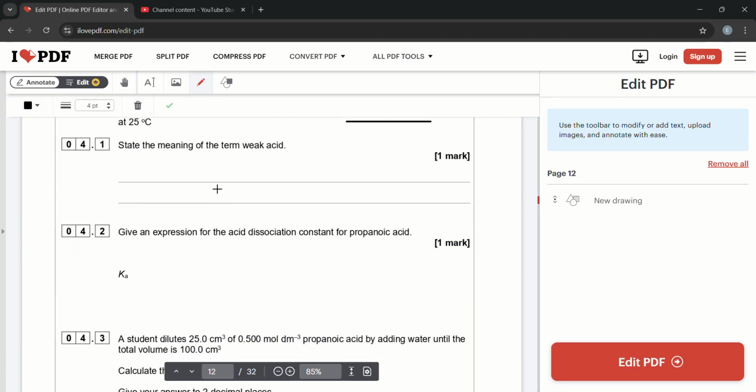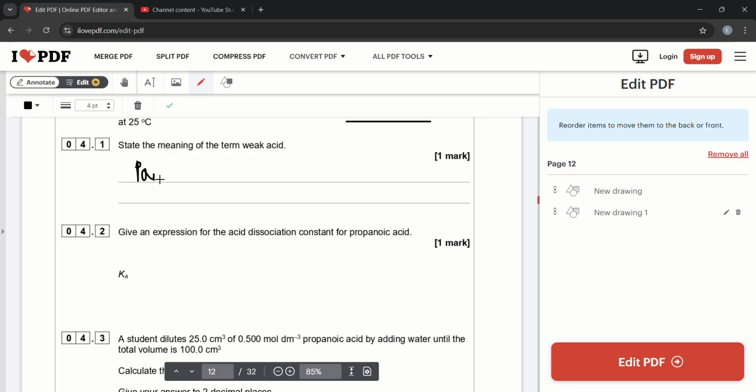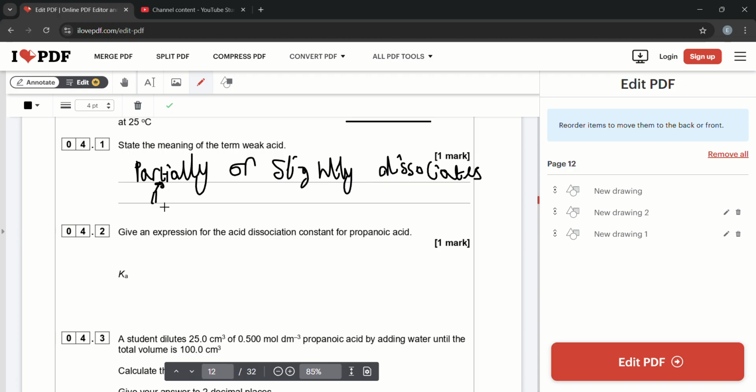Weak acid: partially or slightly dissociates/ionizes in water to form H plus ions.